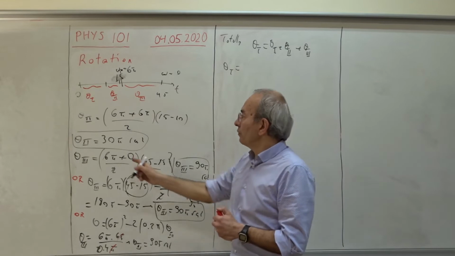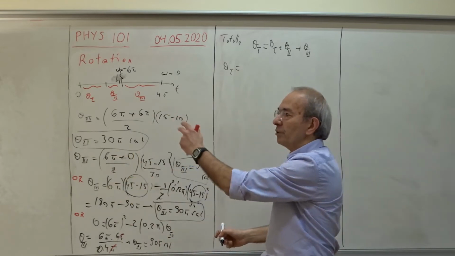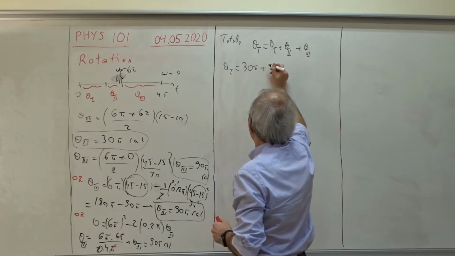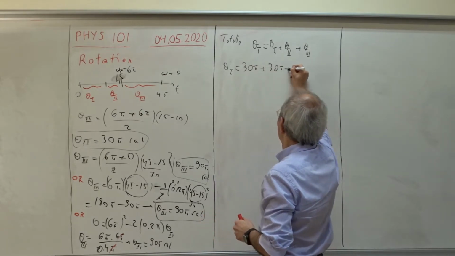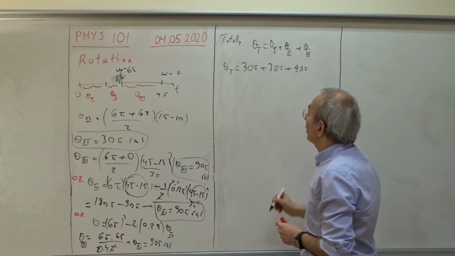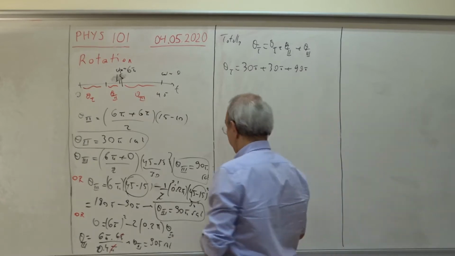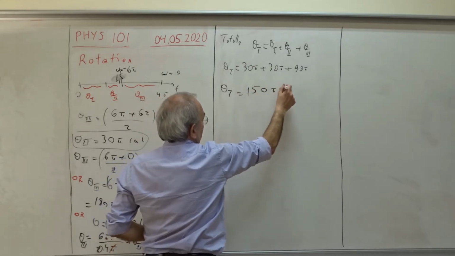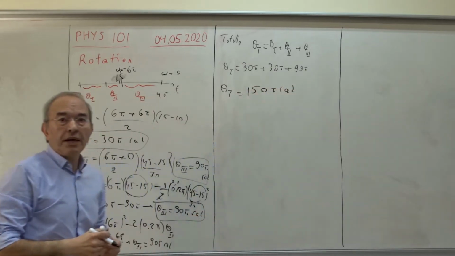So from the beginning we know that it is 30 pi, 90 pi. So totally 150 pi radians.